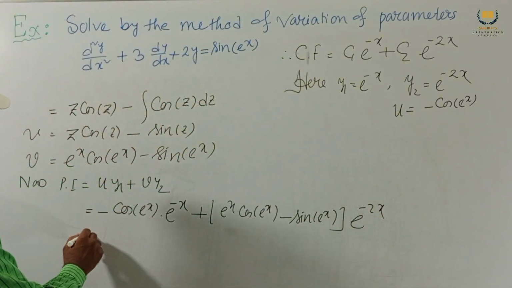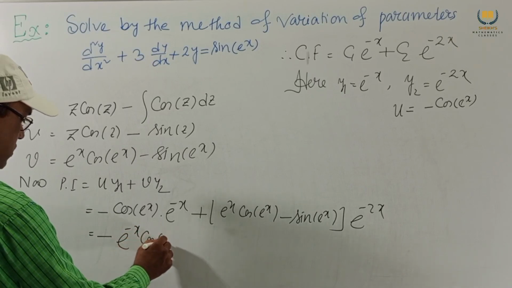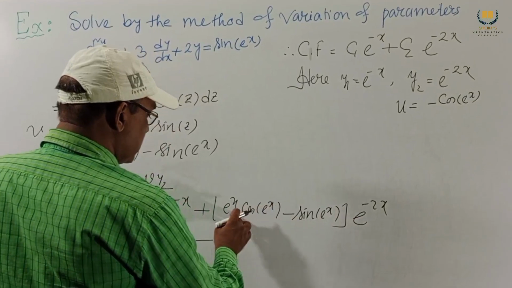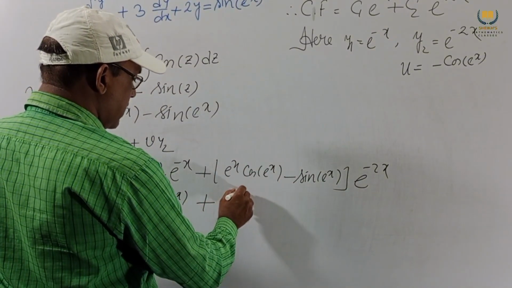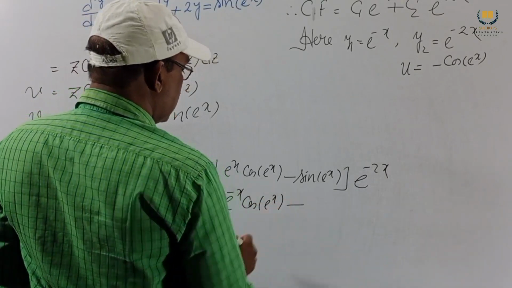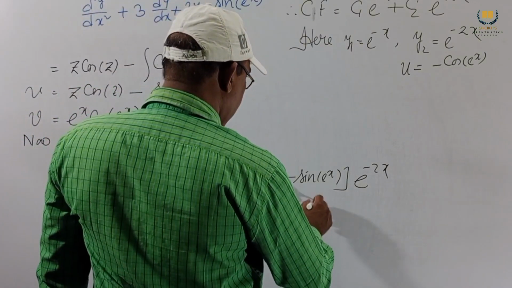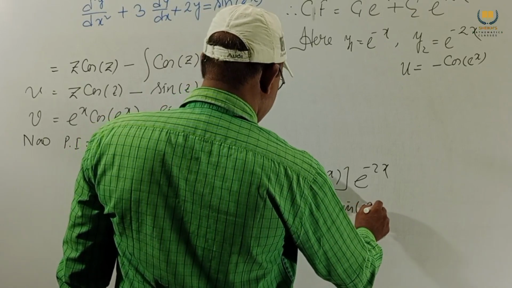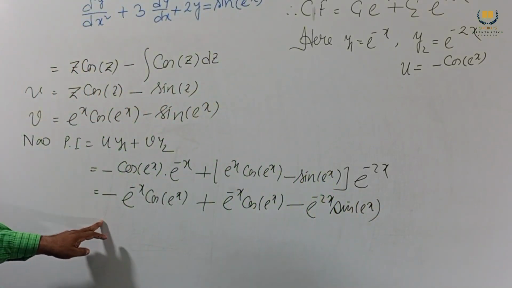Now multiplying, this is minus e to the power minus x cos e to the power x, and multiplying with this, plus e to the power x minus twice x, e to the power minus x cos e to the power x, and this is e to the power minus twice x sin e to the power x. If we multiply, we get this one.